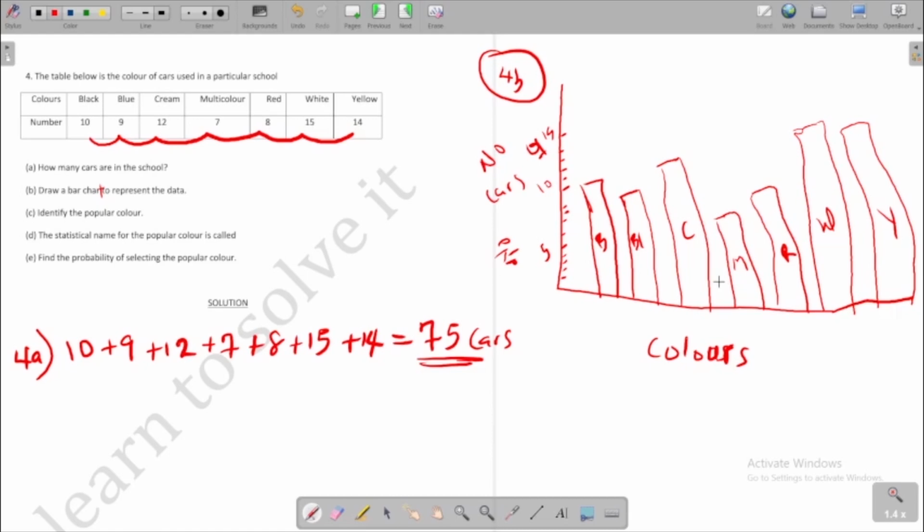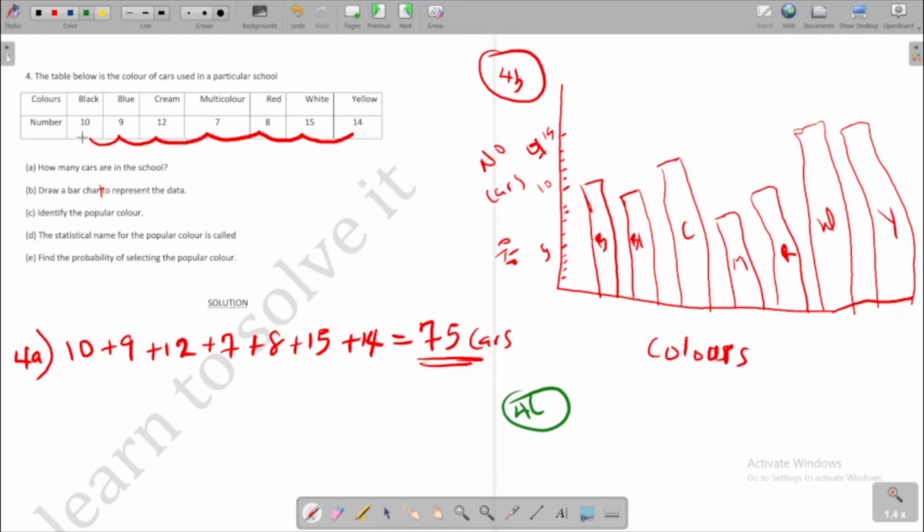The next question says identify the popular color. How do we identify the popular color? That is the mode, the one that has the highest value. So for you to get the highest value, you go to the table again.